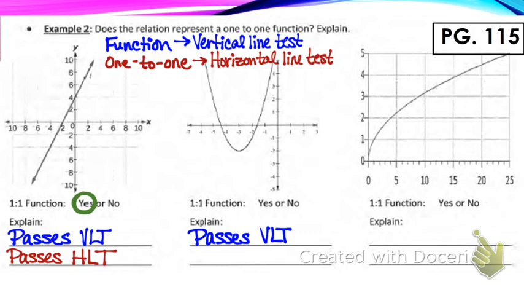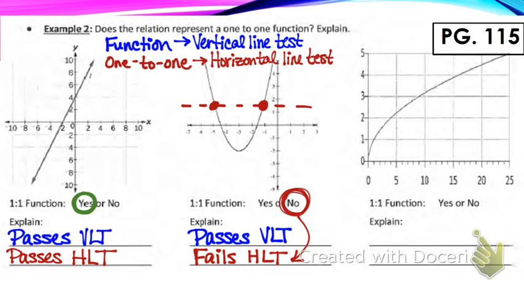Only if it passes the vertical do I check horizontal. Does it pass the horizontal line test? No, because when I run a horizontal line across this, in almost every place except right at the vertex, it's going to cross more than once. So this fails the horizontal line test. So I would say, no, it is not one-to-one because of this.